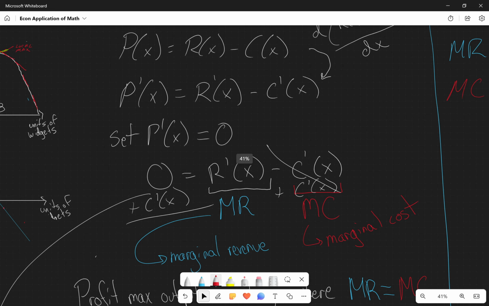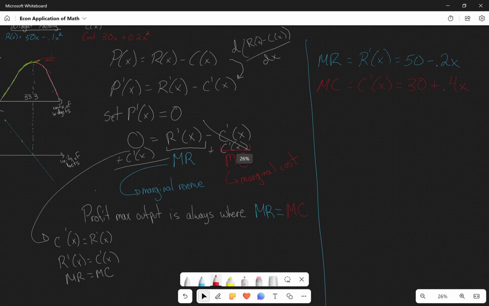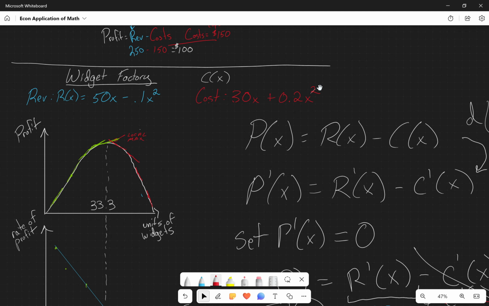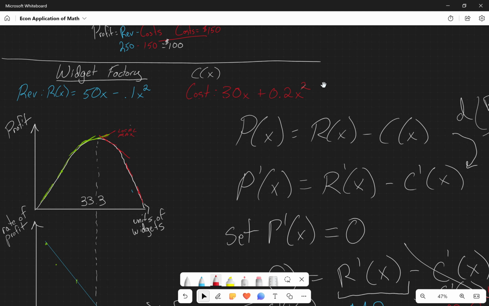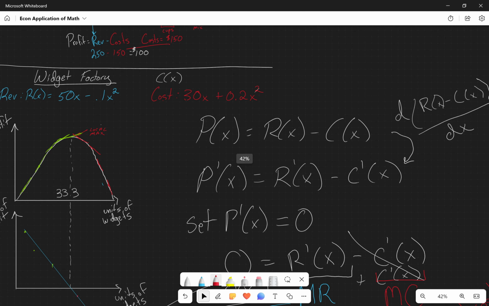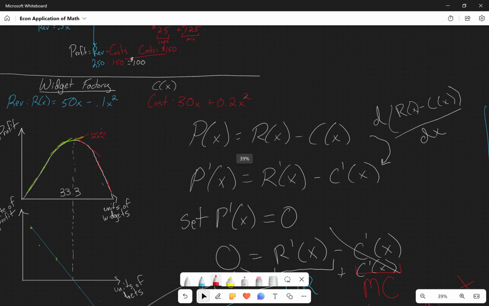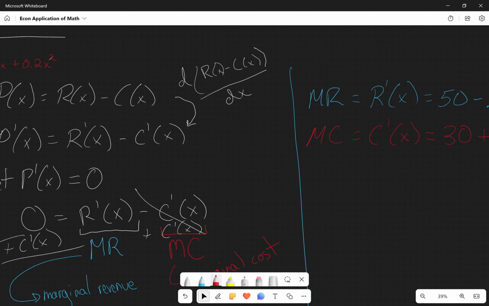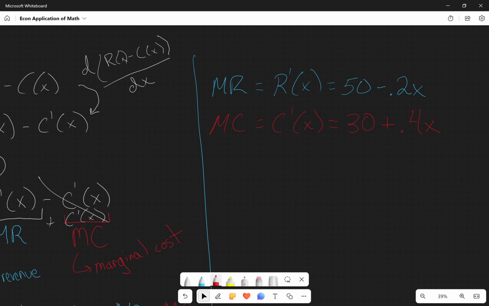Sorry, I know the glare is kind of not great. I would love to just be able to copy these over, but that's not in the cards. So 50 minus 0.1 x squared, 30x plus 0.2 x squared. We take the derivative, it's 50 minus 0.2 x and 30 plus 0.4 x.